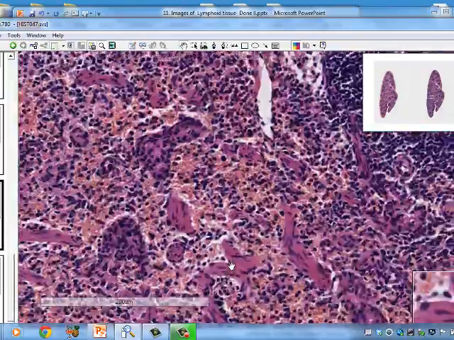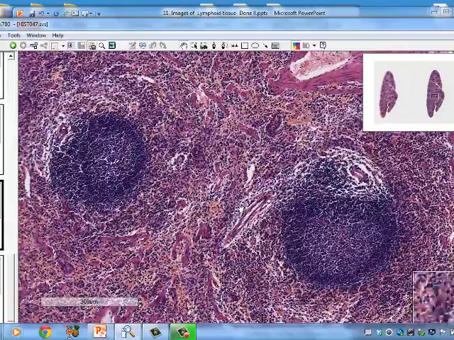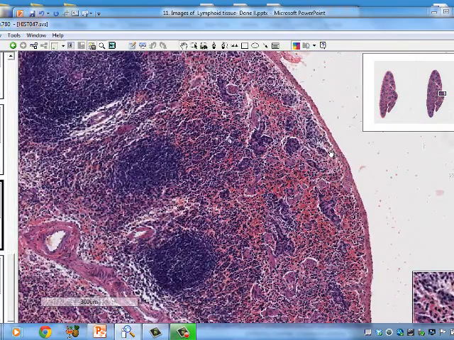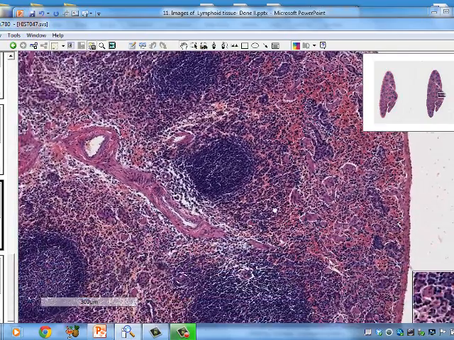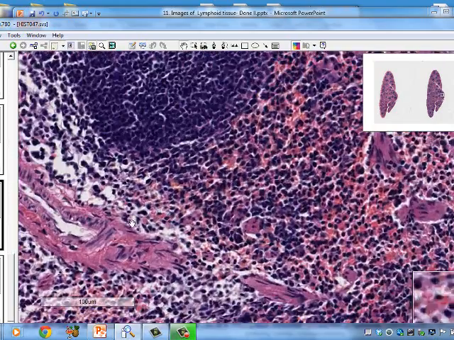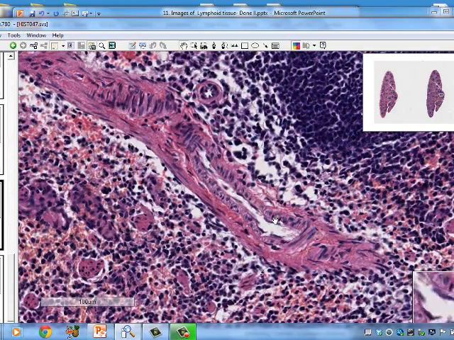But basically we have a similar type thing. There's a capsule, no subcapsular sinus, because you don't have afferent lymphatics going in through there. There's a blood vessel going through there very nicely. You can see the smooth muscle cells of it, and you can see the endothelial cells lining the lumen, these kind of flat cells that we have here.